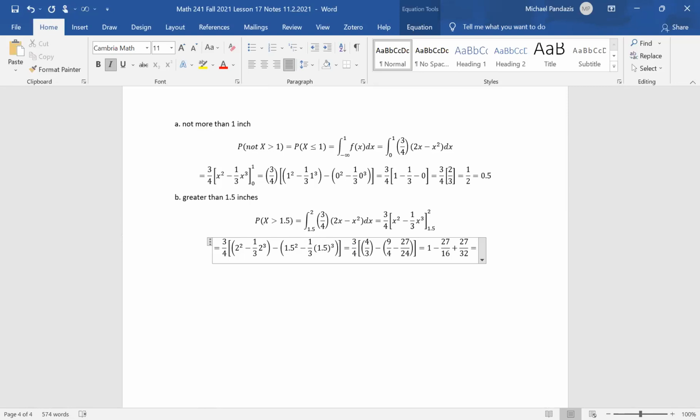So this is 32/32 minus 54/32 plus 27/32. I just wrote each of these three terms using the denominator 32. Okay, and so if you calculate this, you get 5/32.